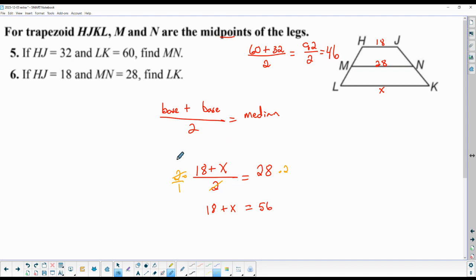Now, since we're doing our algebra, we're going to subtract 18 from both sides to get the X by itself. 56 minus 18 I think is 38. I'm trying to do math in my head. Hopefully that's right. And there we have the answer for X.